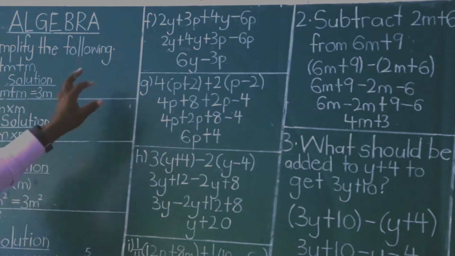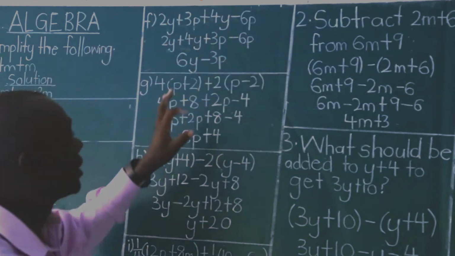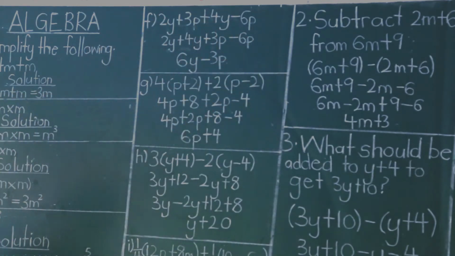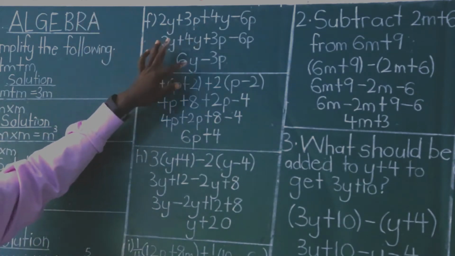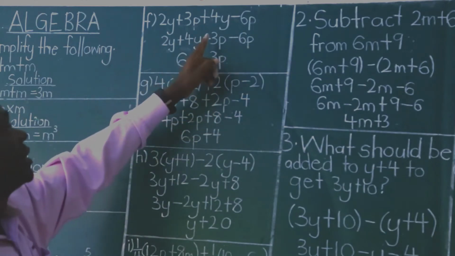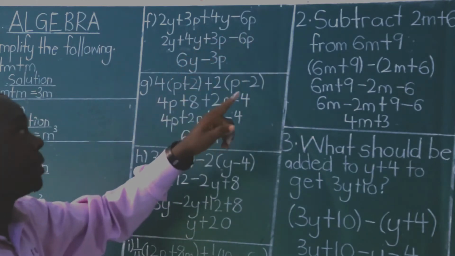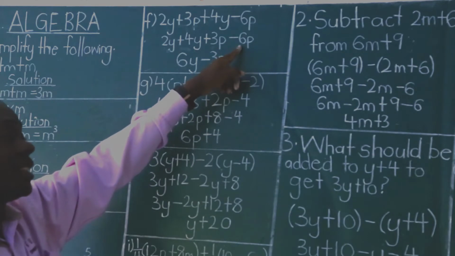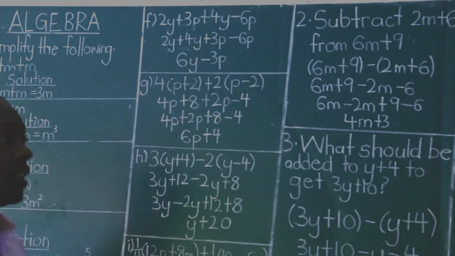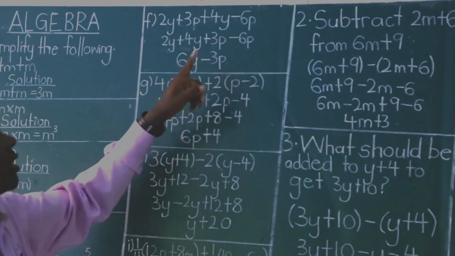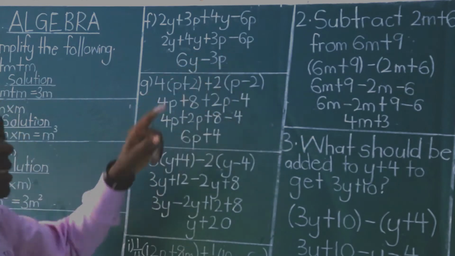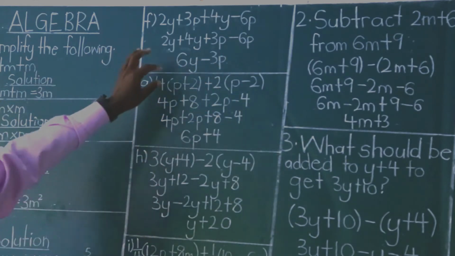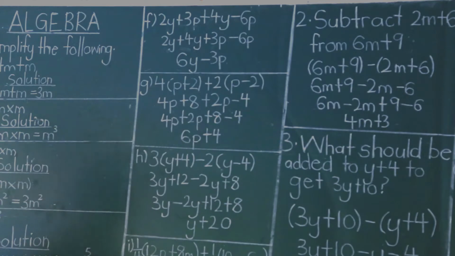Now, being that the y's are together and the p's, we can do the needful simplifying. So 2y plus 4y, you get 6y. Then 3p minus 6p. Being that 6 is greater than 3, think about the negative outcome. 3 minus 6 is negative 3. So 3p minus 6p is minus 3p. So the answer is 6y minus 3p.